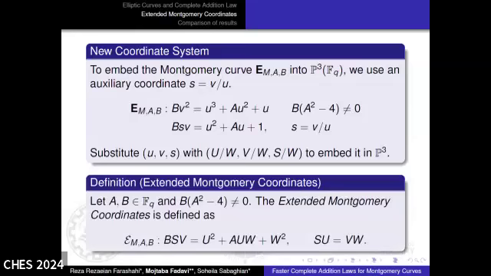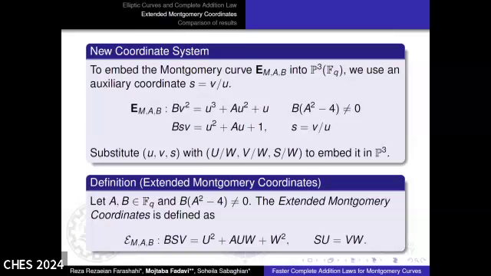To do this, we introduced new coordinates that we call S, and we see that our Montgomery curve has three variables, U, V, and S. And now we can embed it into P3 by a simple substitution. And we can introduce extended Montgomery coordinates as you see here.